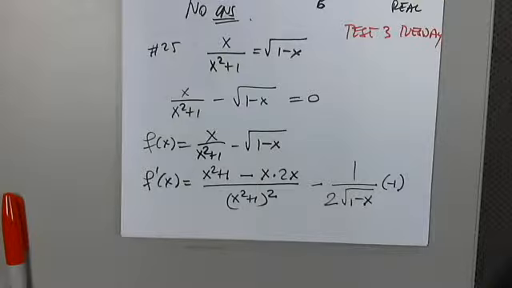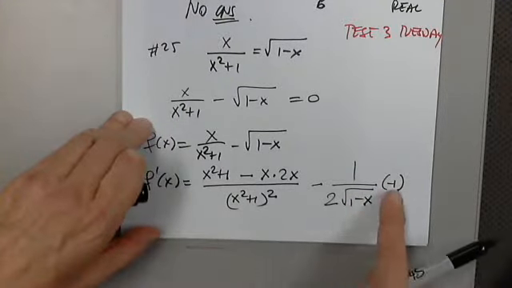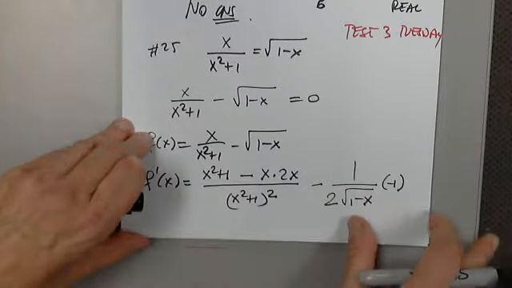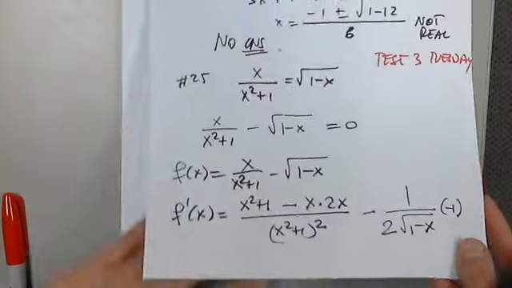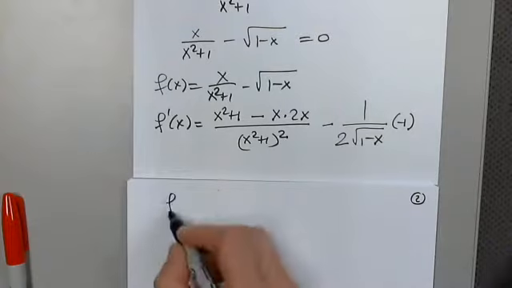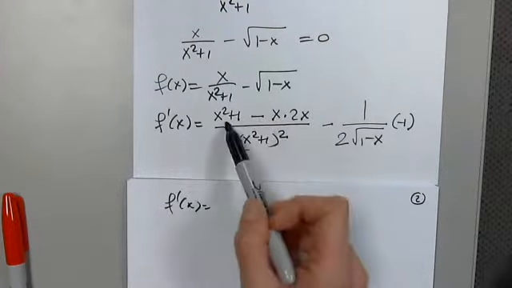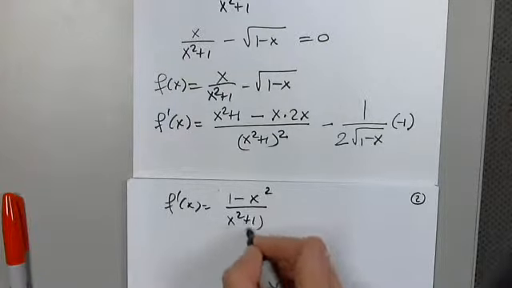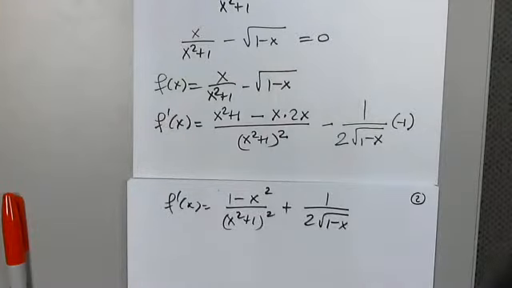Okay. Then I will try to simplify a little bit. I will not do anything here, but I will change this into positive. And I will simplify just a little bit, but not find the least common denominator and then combine like terms. No, I will not do that. So f prime of x equals 1 minus x squared, over x squared plus 1 squared, plus 1 over 2 the square root of 1 minus x. Is that okay?